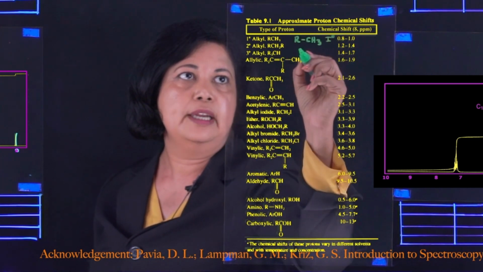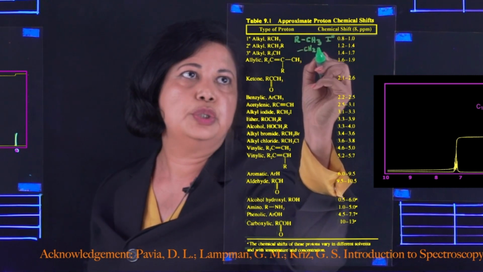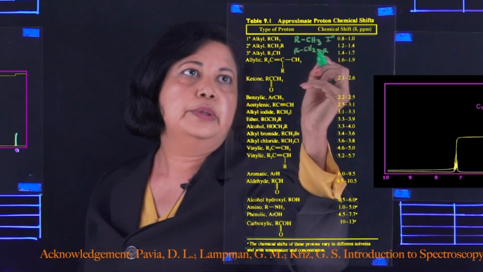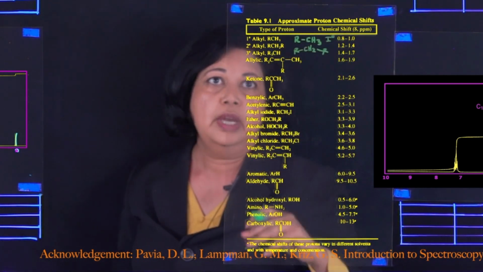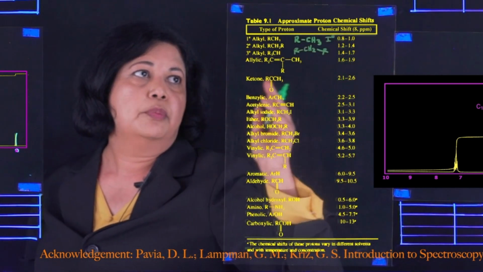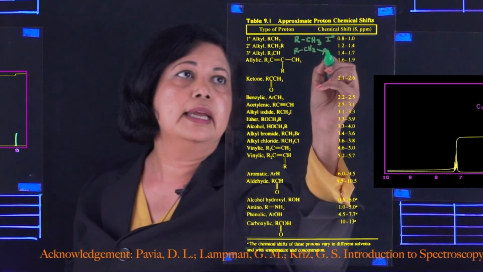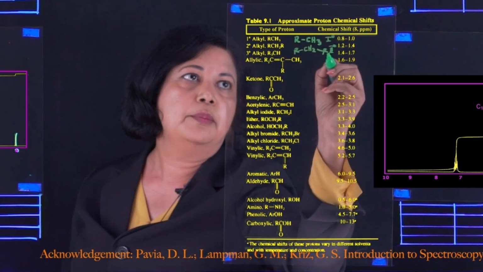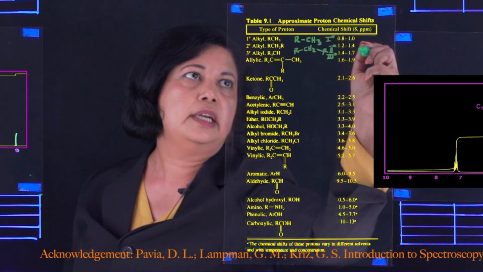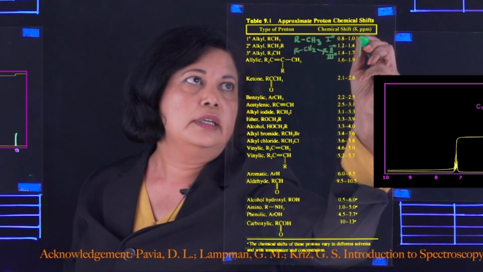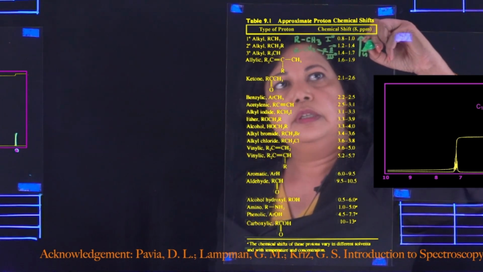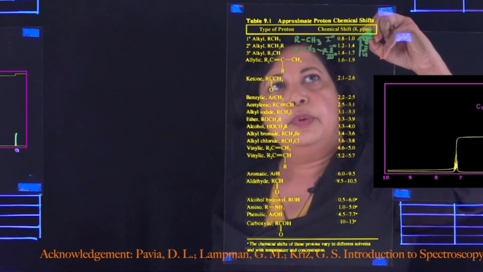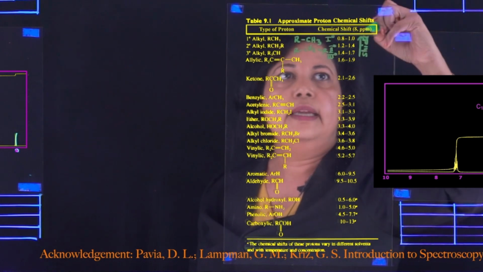If you have a secondary, RCH2R, that goes up to 1.2 to 1.4. If you have a tertiary, it goes 1.4 to 1.7. So when you go from primary, secondary to tertiary, your de-shielding increases. And when you go from tertiary to primary, your shielding increases.